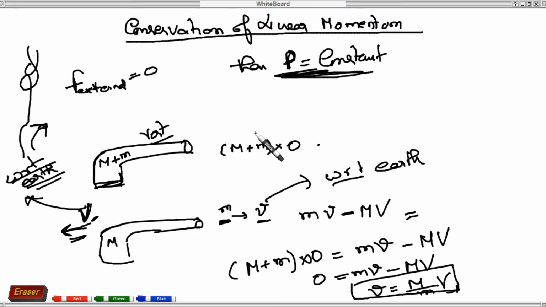So let's see the rocket part. How a rocket works, means how this momentum part is applied to the rocket section.